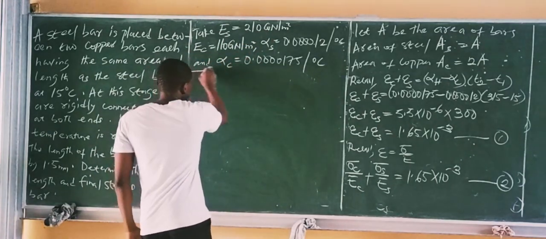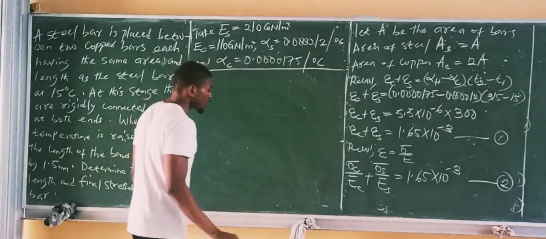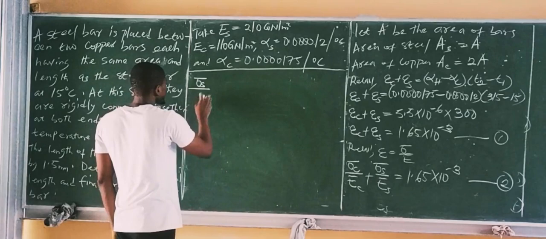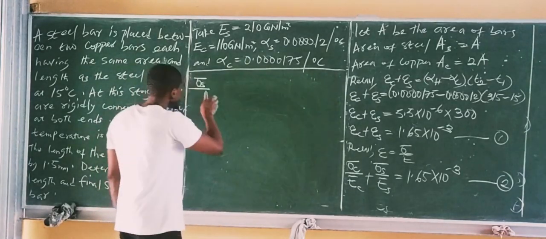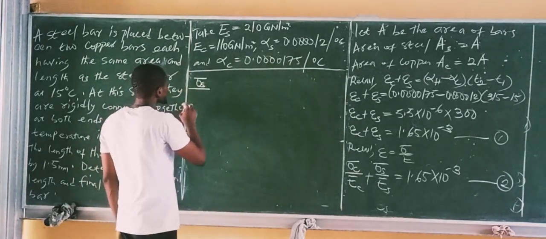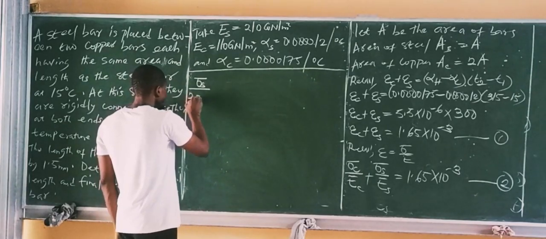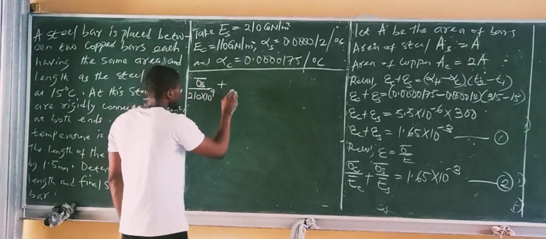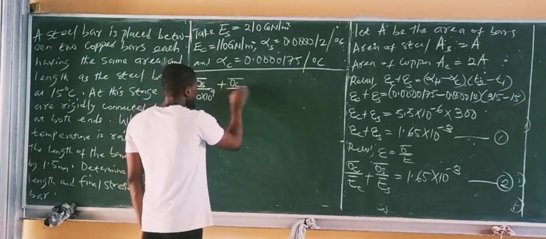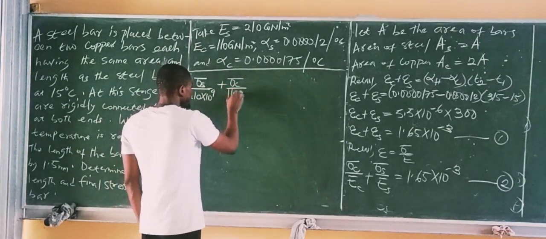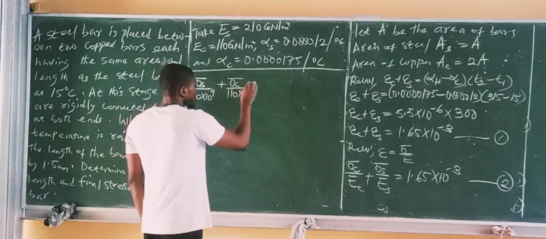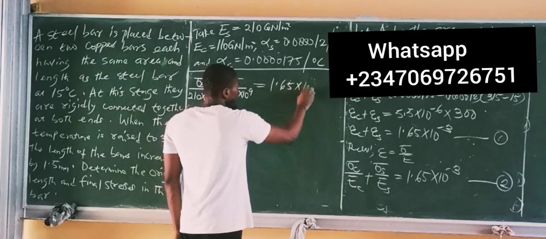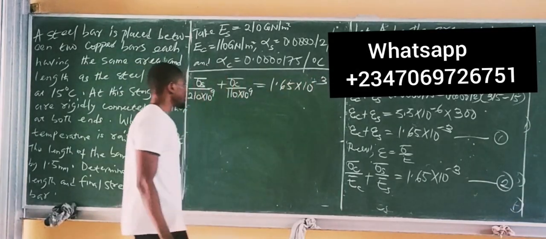So we can substitute that in equation 2, and we are going to have the stress of steel over Young's modulus of steel, which is 210 by 10 to the power of 9, plus stress of copper over Young's modulus of copper, which is 110 by 10 to the power of 9, is now equal to 1.65 by 10 to the power of minus 3.